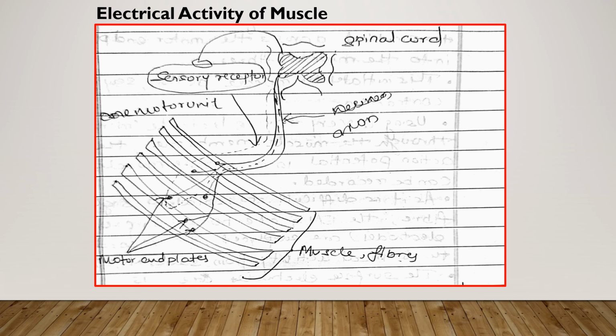The action potential travels along the axon and is transmitted across the motor end plates into the muscle fibers. This initiates the muscle action, which is called contraction.